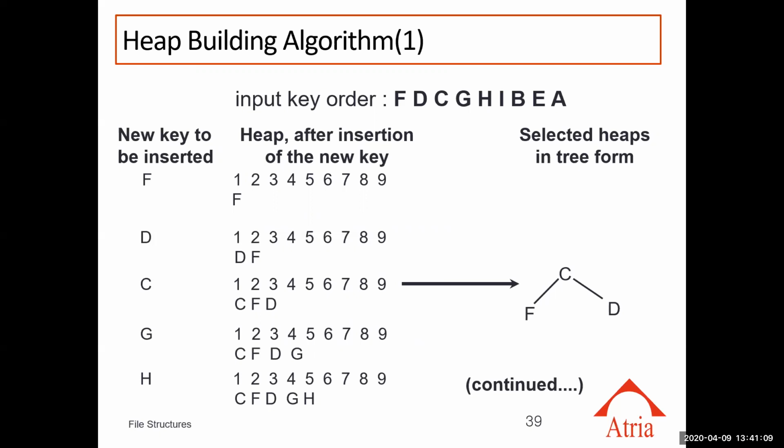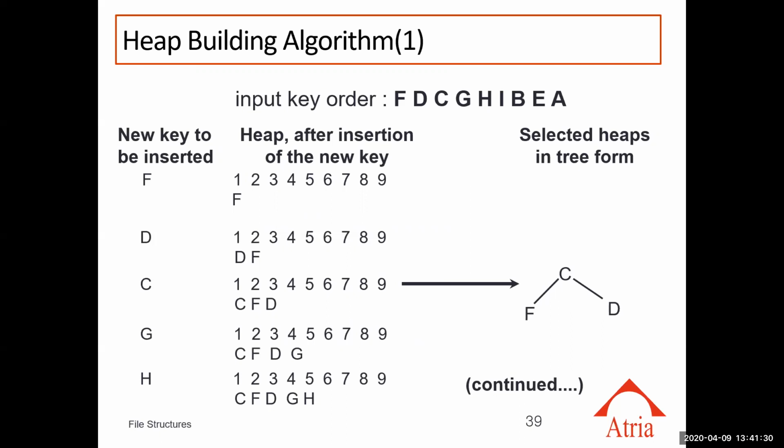And when next is c, c is smaller than d and f, so we are replacing the first memory space. We are storing c as the root node and changing d to the next available memory space, that is 3, the third address.